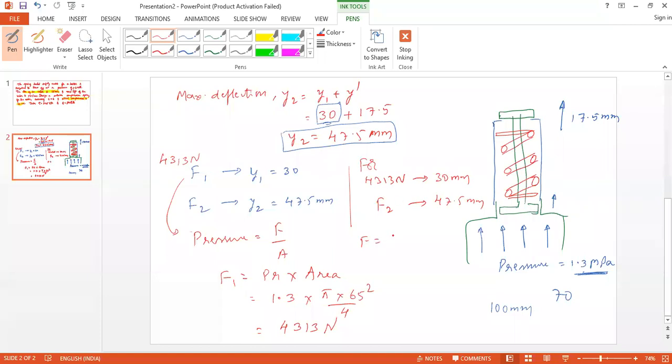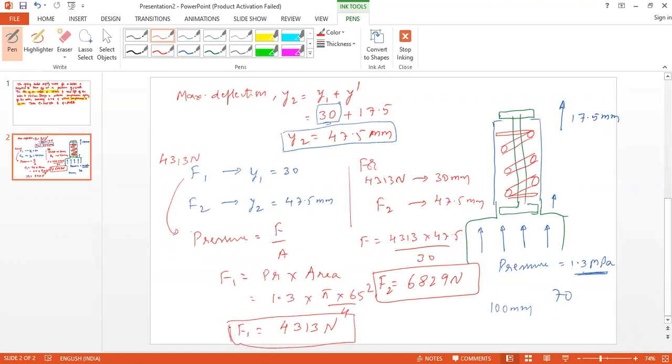So F2 is equal to 4313 multiplied by 47.5 divided by 30, which is 6829 Newton. This is F2.